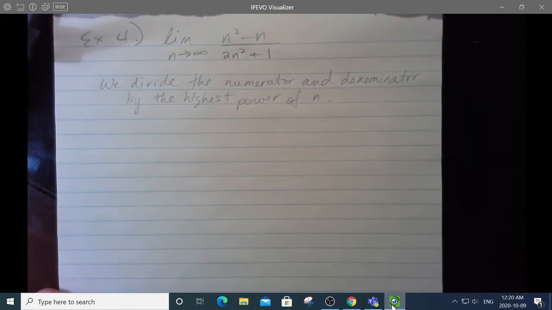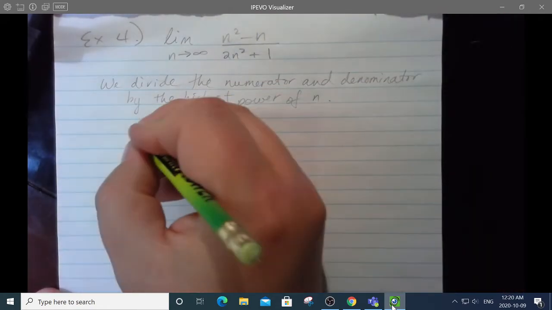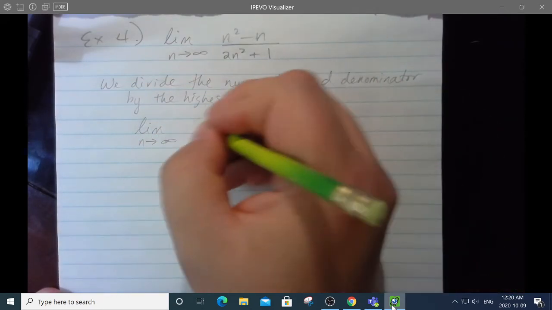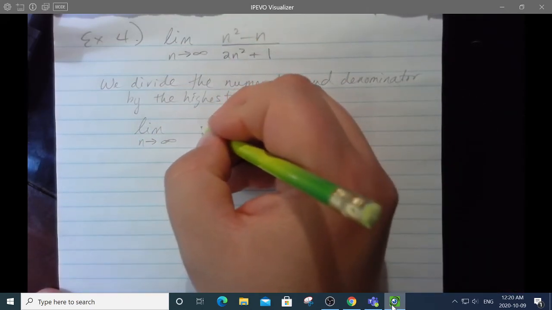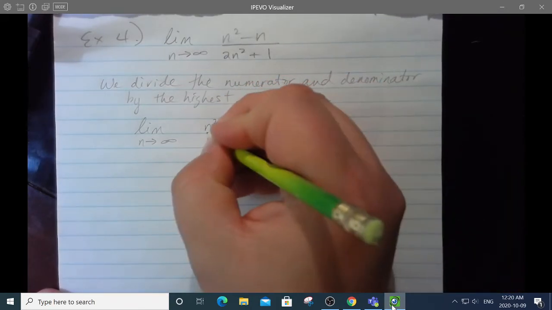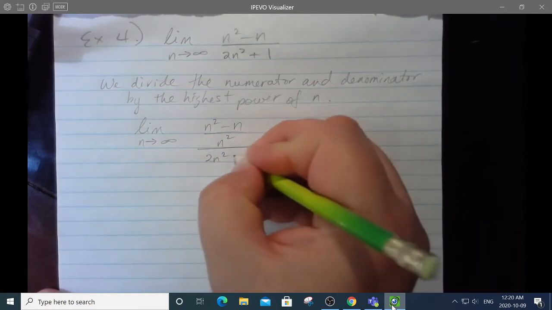So in this question, there is an n squared here and an n squared here. So we are going to basically take the limit as n approaches infinity of this thing like this.